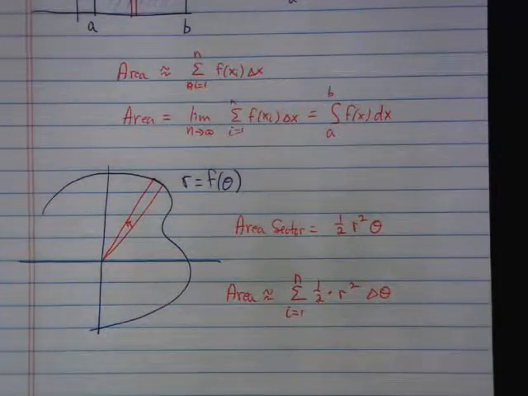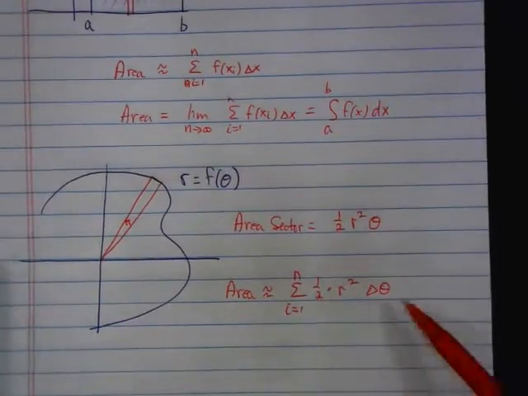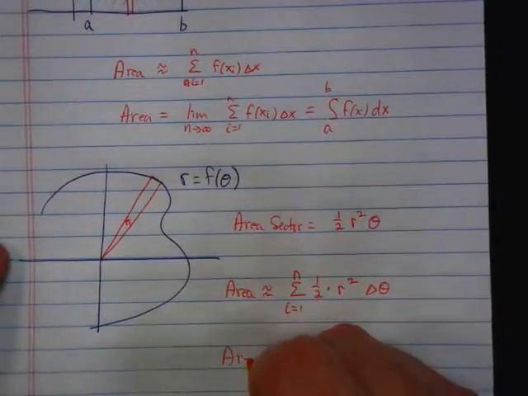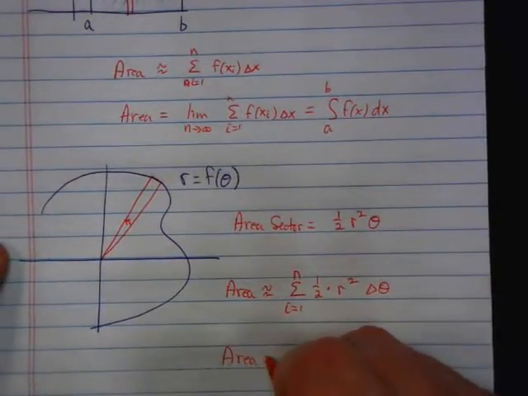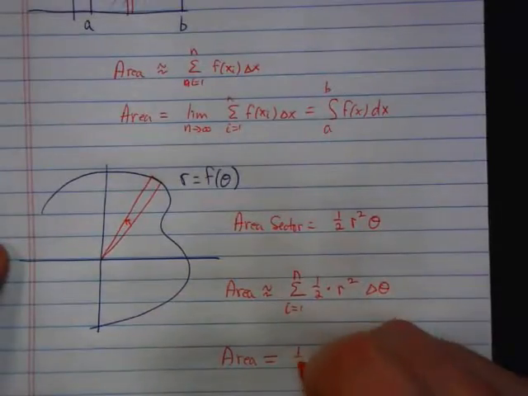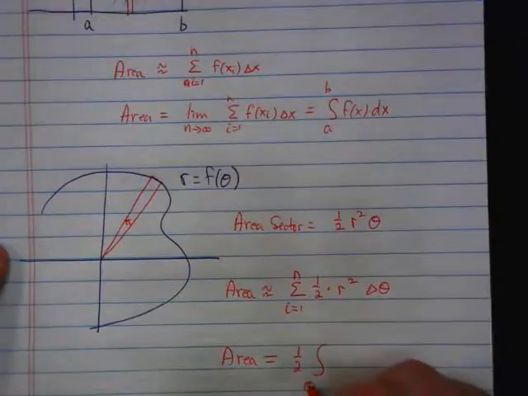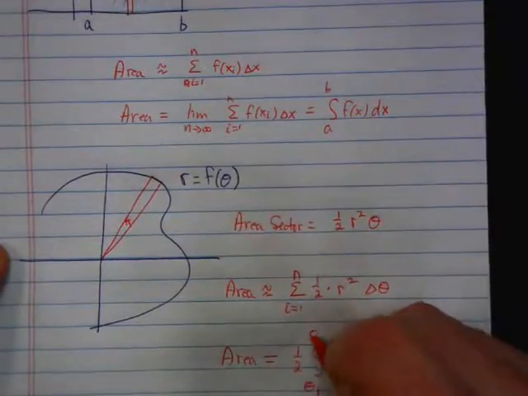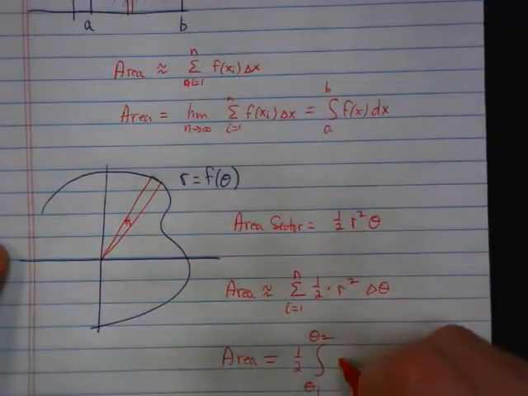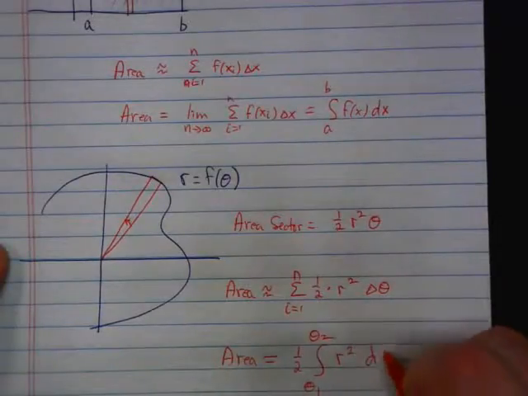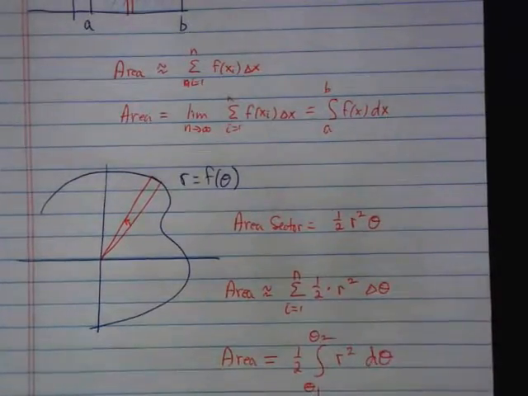We'll take the limit as n goes to infinity, and the limit of this formula is exactly the same as an integral. So our formula for area in polar form is 1/2 the integral from theta 1 to theta 2, these will be angles here, of r squared d theta.